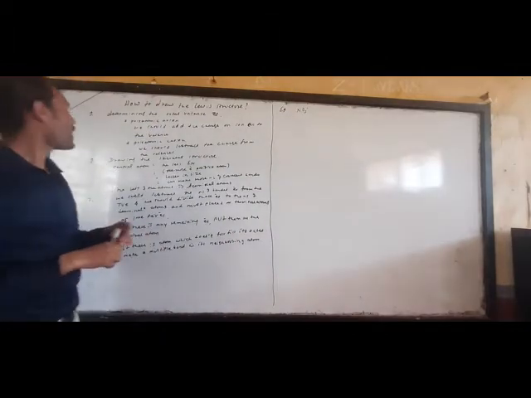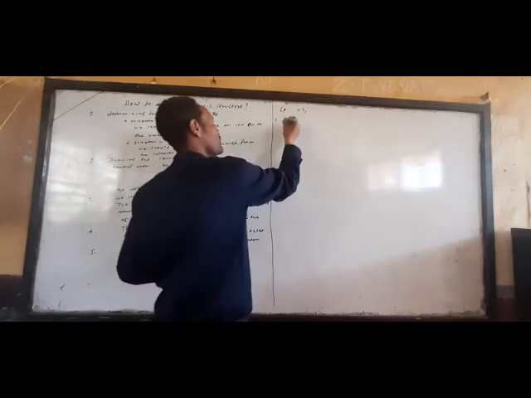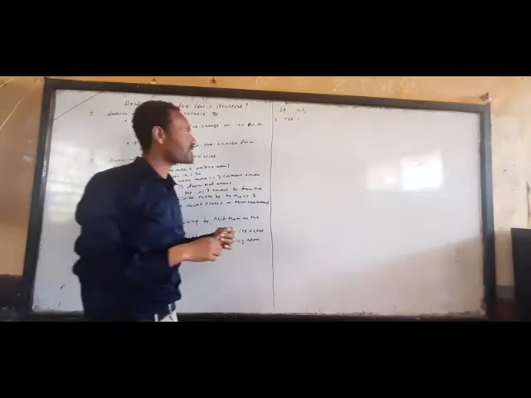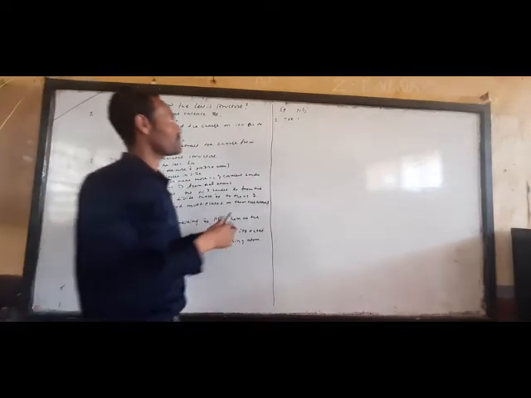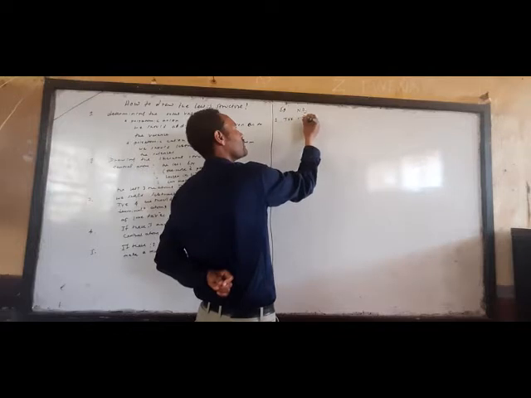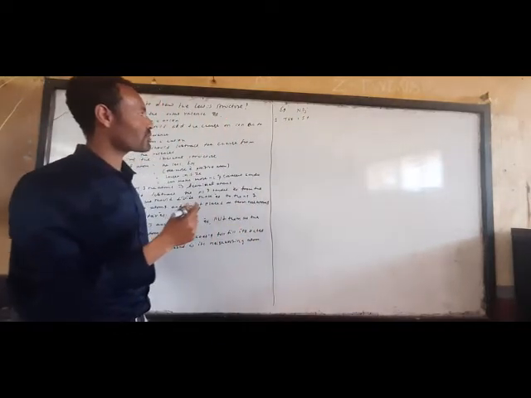From this nitrate ion, first we need to determine the total valence electrons. The total valence electrons is the sum of the valence electrons of each atom. Nitrogen has 5 valence electrons, and oxygen has 6.